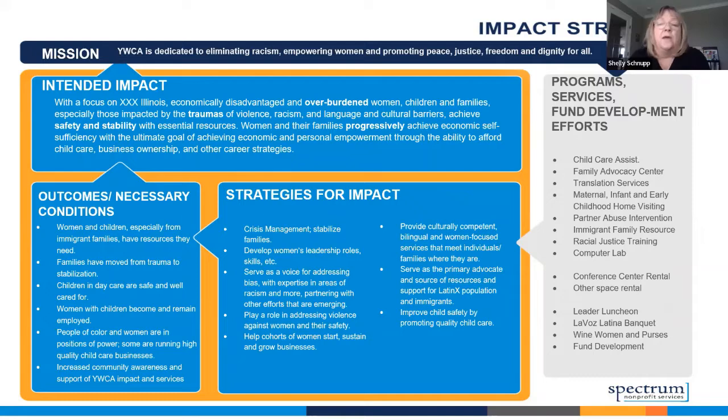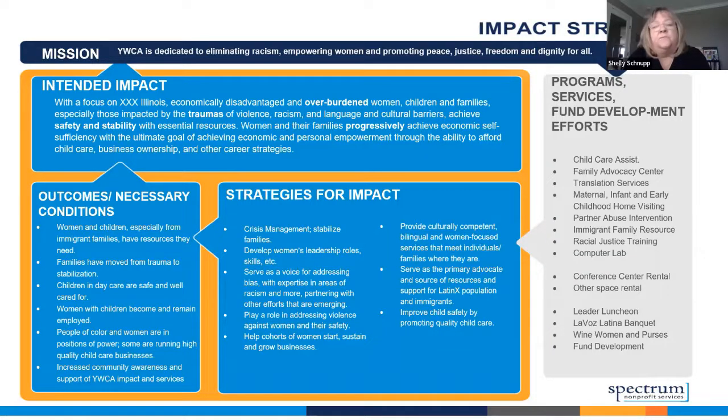So here are the programs and activities designed to achieve outcomes, and they're designed to actually operationalize, if you will, the strategies for impact.